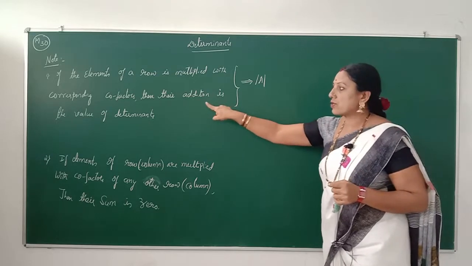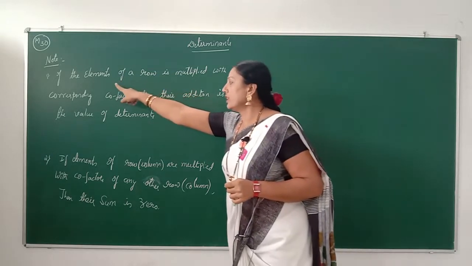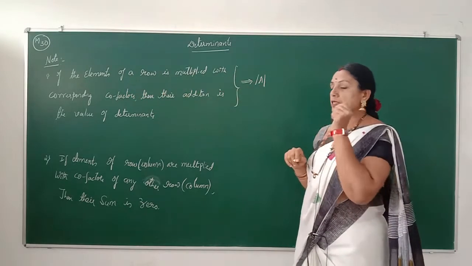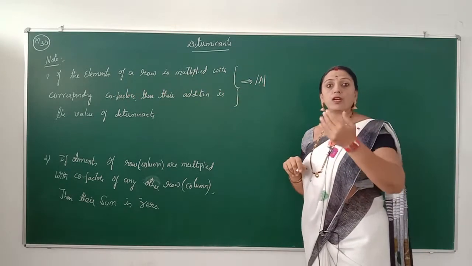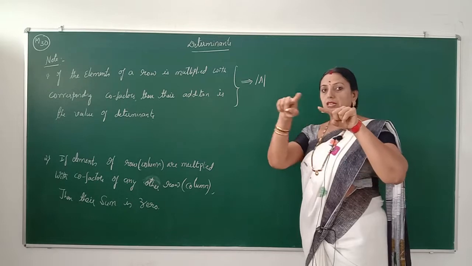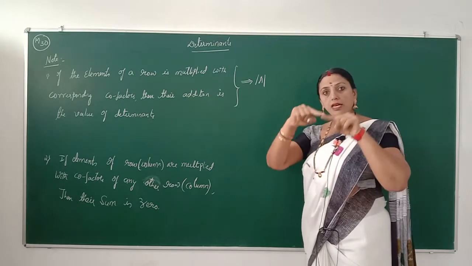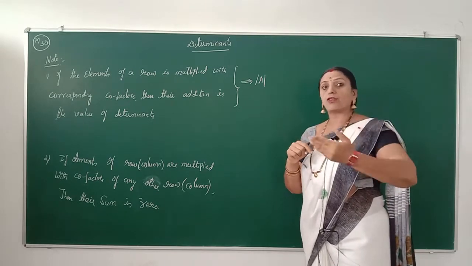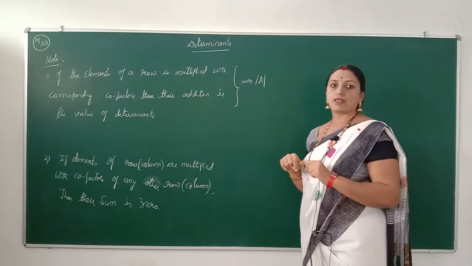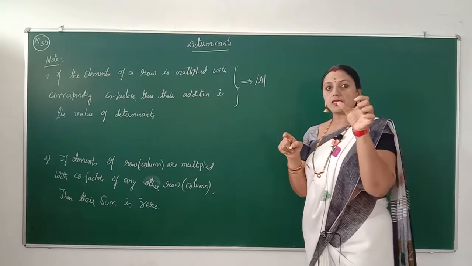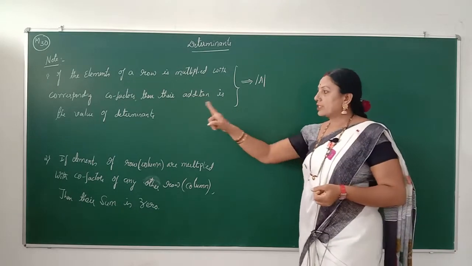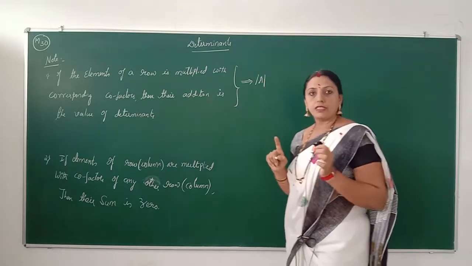But today it can also be defined by the elements of a row multiplied with the corresponding cofactors, and all the products added to each other, which gives one value of that determinant.